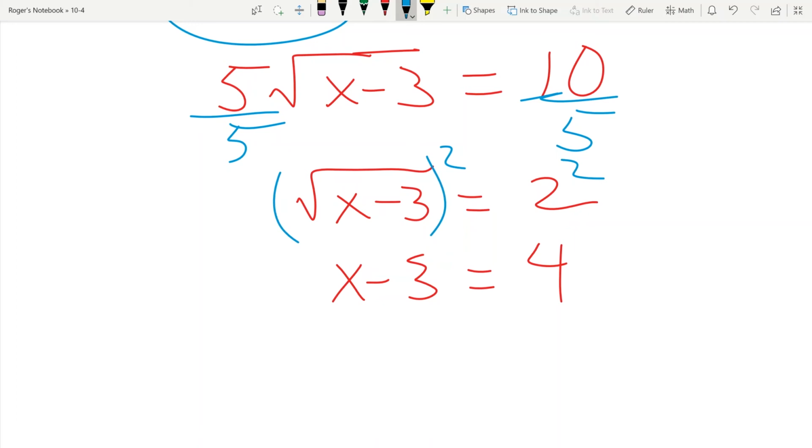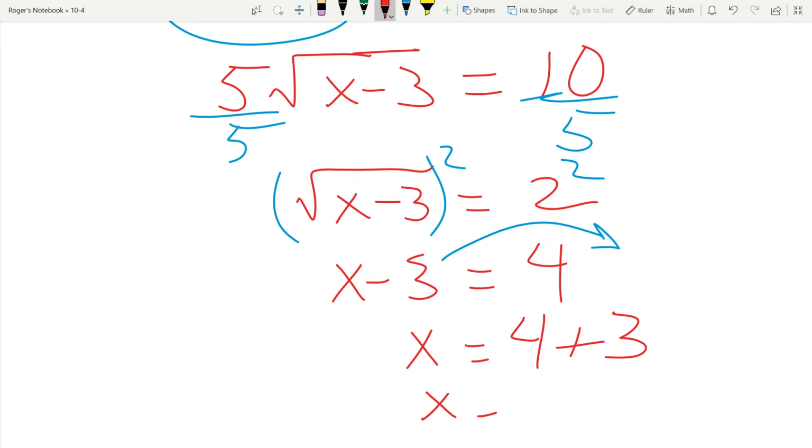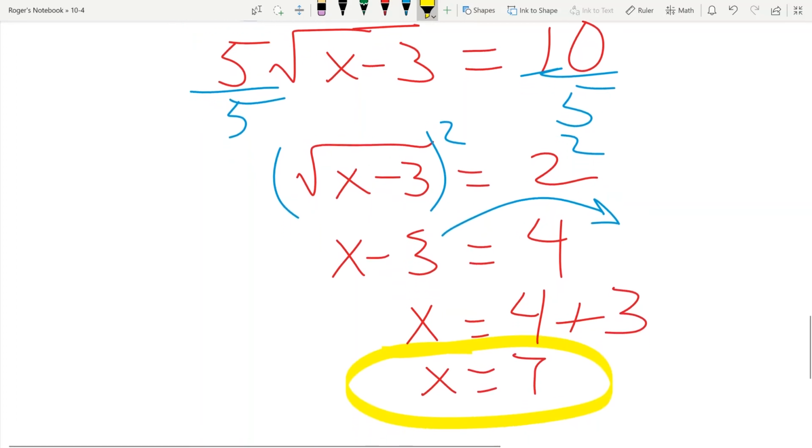Last step, I take the 3 to the right, and I get x is equal to 4 plus 3. x equals 7. Cool. Nice problem.